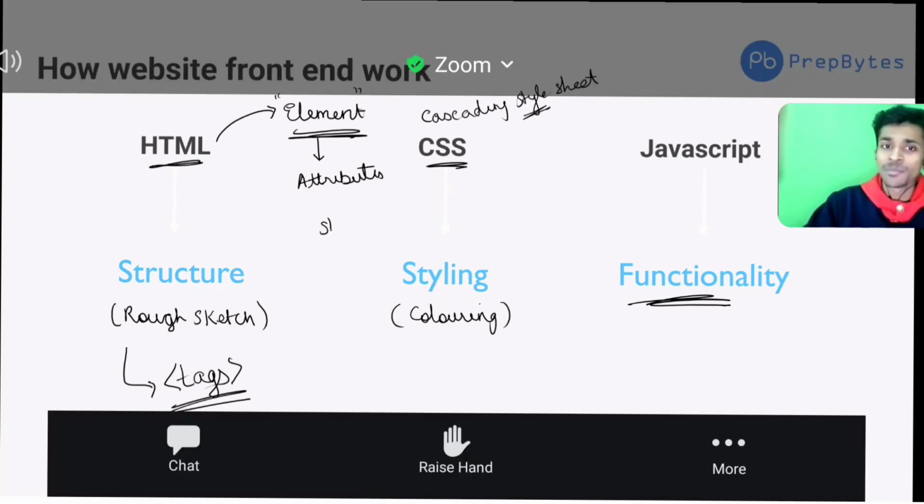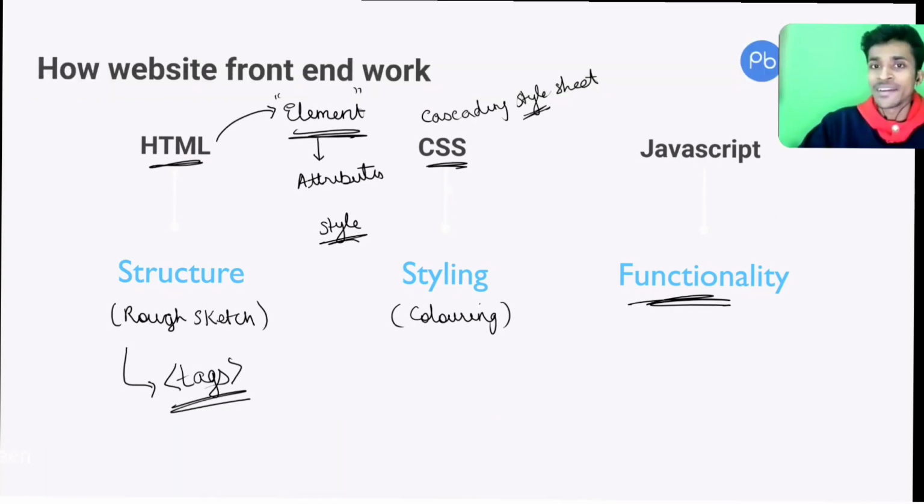One such attribute is called the style attribute, which you can use to specify the styles, the CSS that you want for it. And for JavaScript, if you want to learn JavaScript, the first thing will be to learn the basic constructs and syntaxes. JavaScript is somewhat similar to a typical programming language, but there are a lot of differences that you'd see in it.